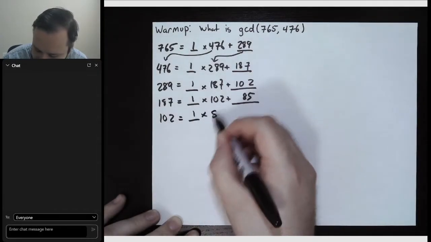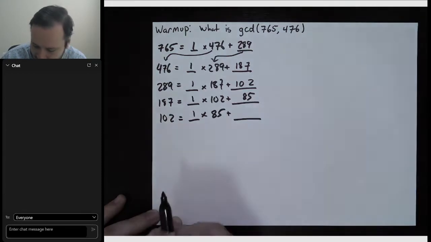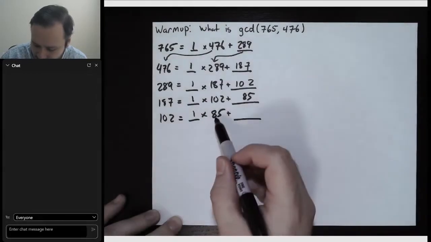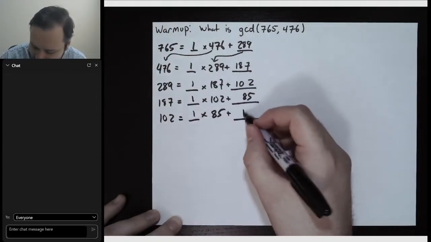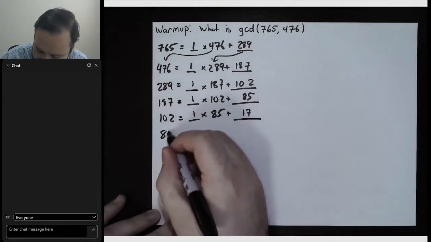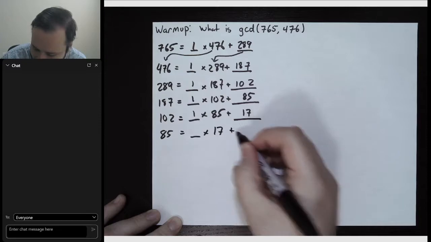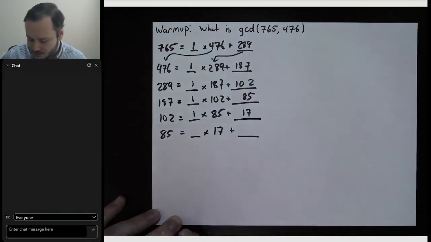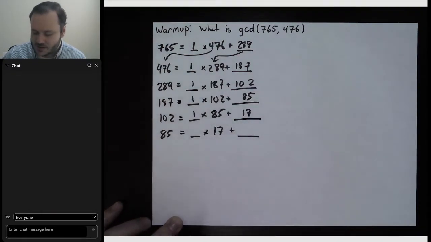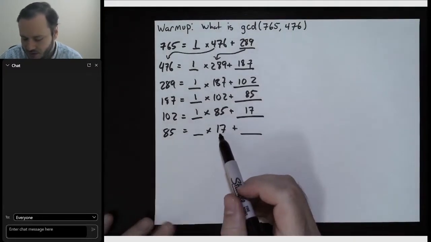Oops, spoilers. Only 185 goes into 102. How much is left over? 15 and an additional 17 to get up to 102. And shift over. Now this one's a little bit harder. How many of these can I fit in? So 17, I can double it, I'll get 34.